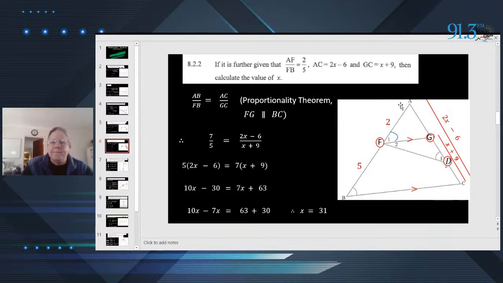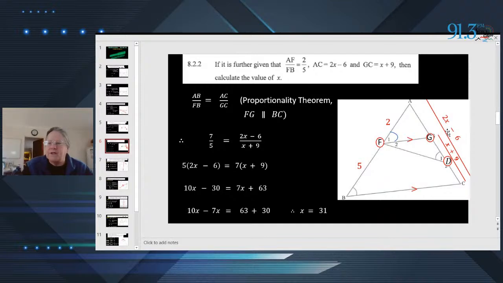So AB, I call that the long one, AB to FB, a shorter one. If those lines are parallel, they are in proportion to AC, a long one, and GC, a short one. So you need to see how to use this theorem, and we are actually led by what they've given us.